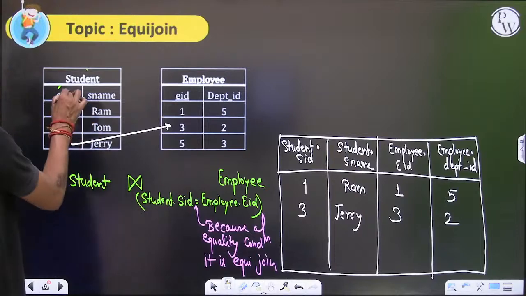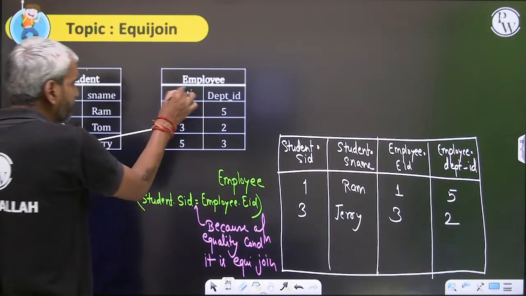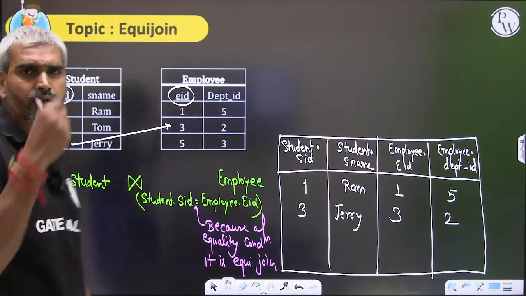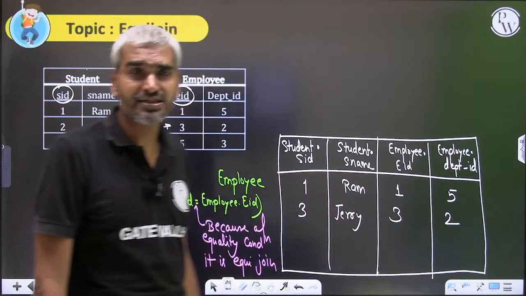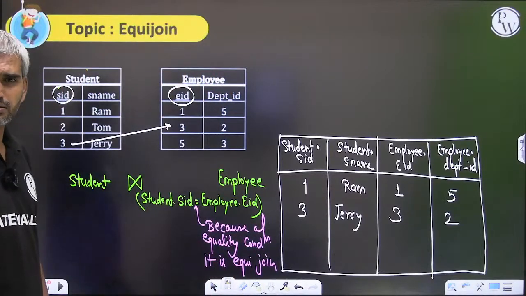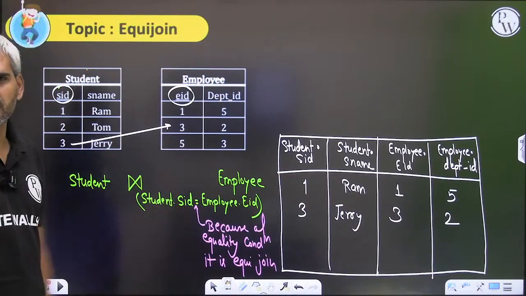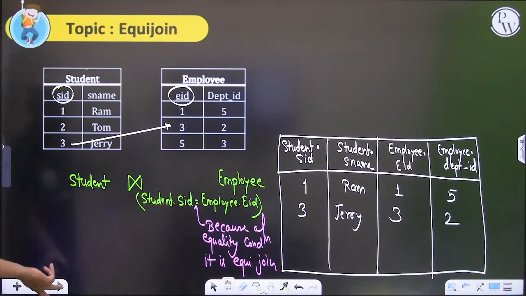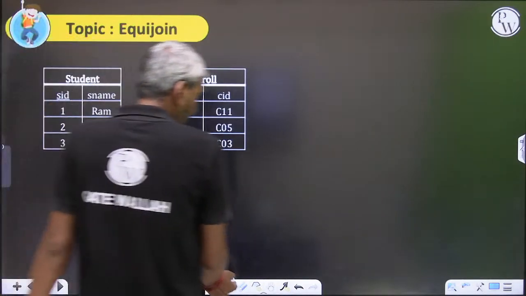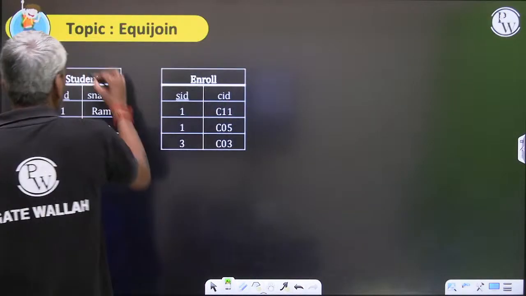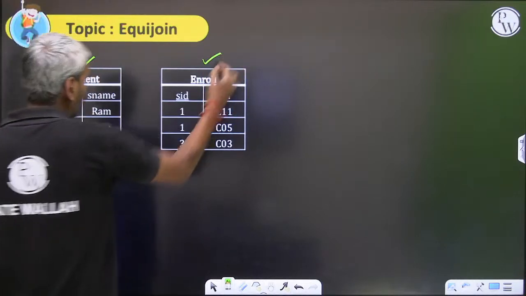We may have the equality condition on different attributes, or we may also have the equality condition on the common attribute. But does it make the join operation a natural join? No, sir. So let's look at this. If I have these two relations, one is student, another is enroll.